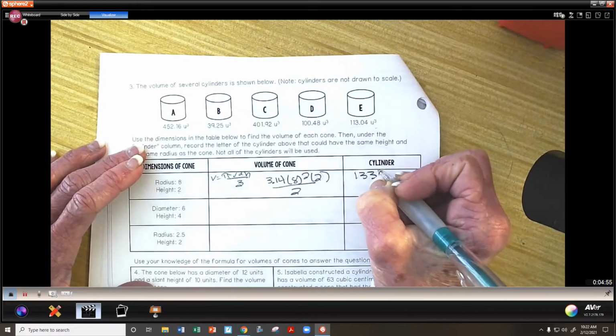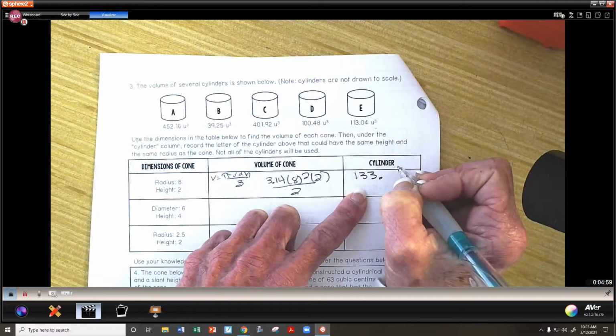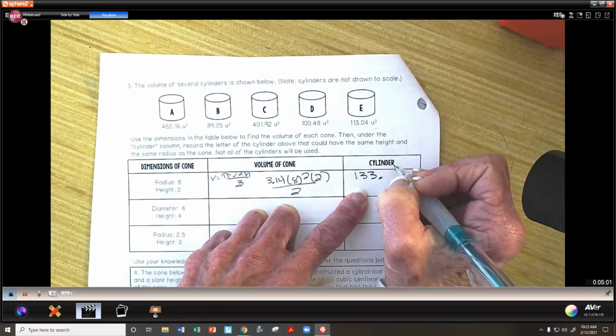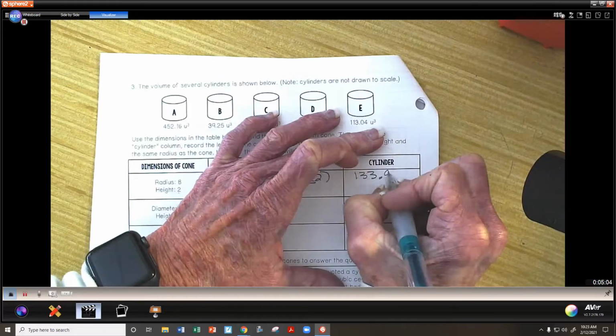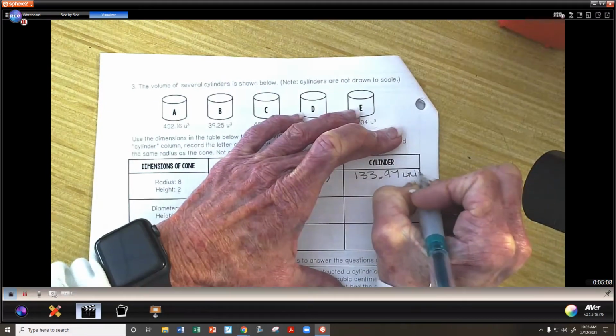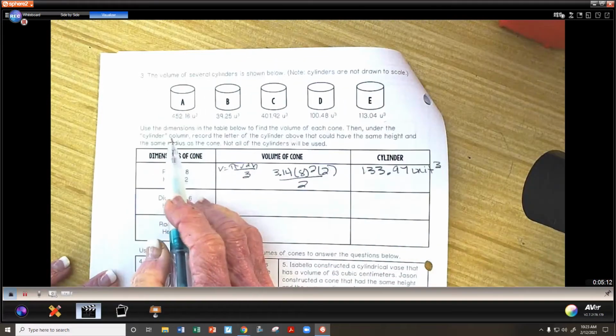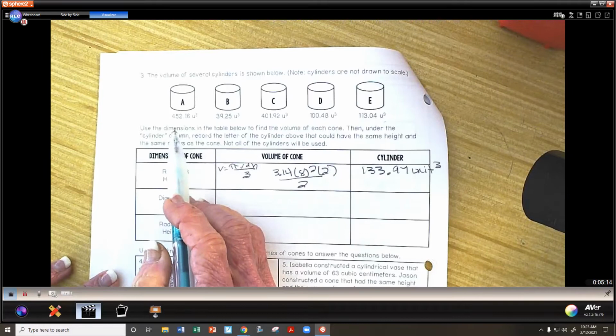133.97. Okay, and they don't give us units, so it's just unit cubes.